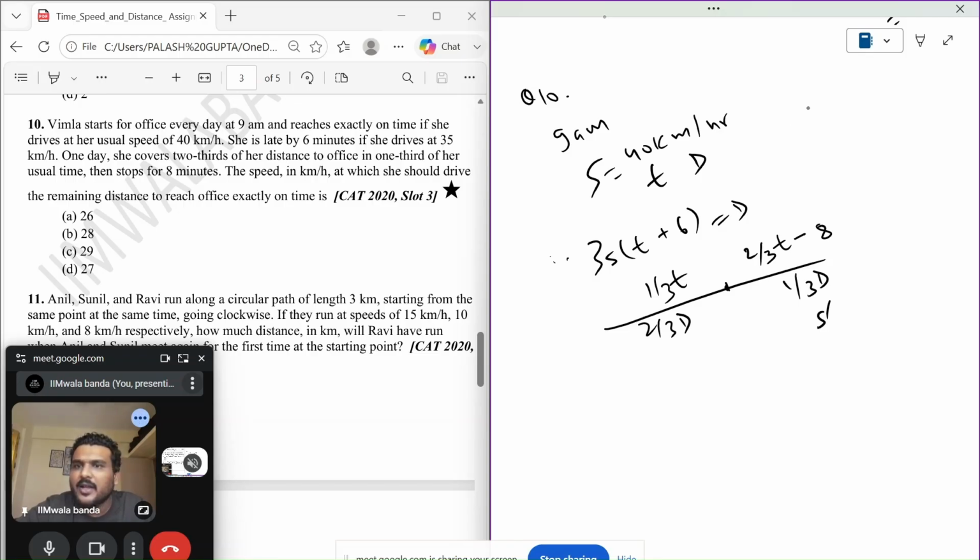At 40, she reaches exactly on time and she starts at 9 a.m. I think 9 a.m. is redundant. Doesn't matter. 40 into T is D. This is first. Also, look, 40 kilometers per hour, so time is in minutes. Let's convert it into hours. So I'm assuming time is in hours.